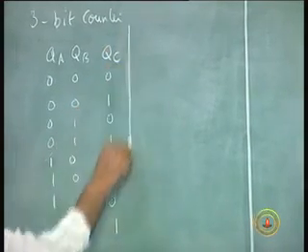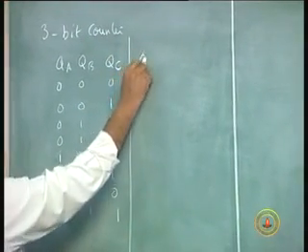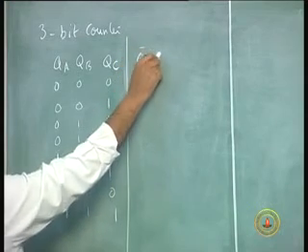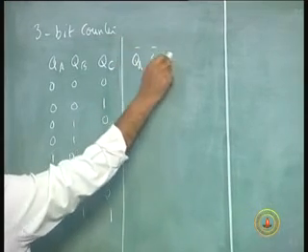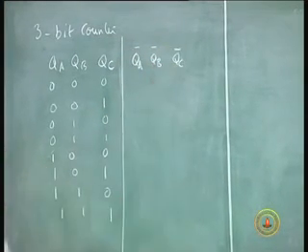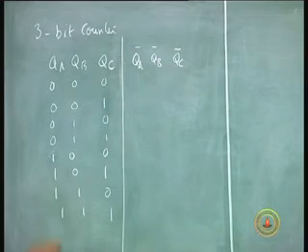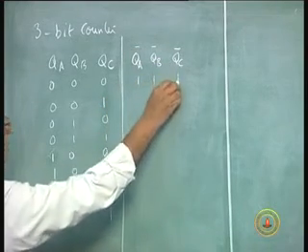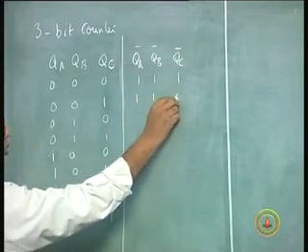Now if you look at the complementary outputs, this will be 1, 1, 1, this will be 1, 1, 0.